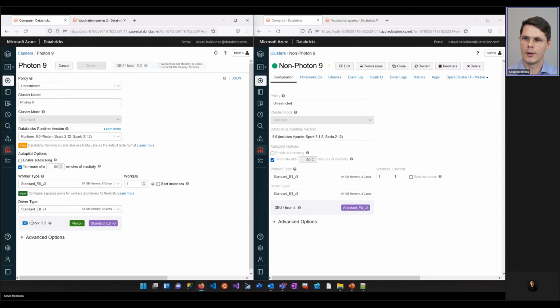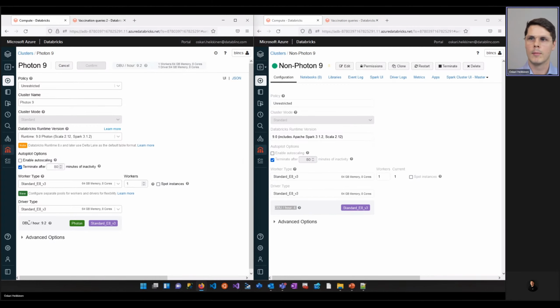But another significant thing you should have a look at is the fact that this Photon cluster, although I have the same configuration here on the left-hand side as I do on the right-hand side, you'll notice that on the same hardware, the non-Photon costs you fewer Databricks units per hour, meaning that the Photon cluster is actually more expensive for you.